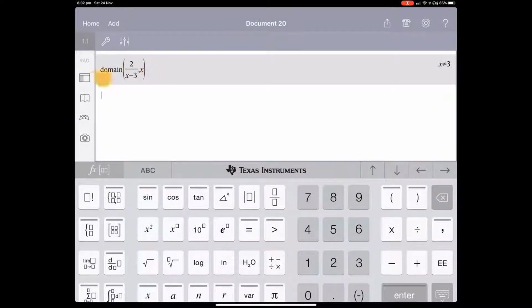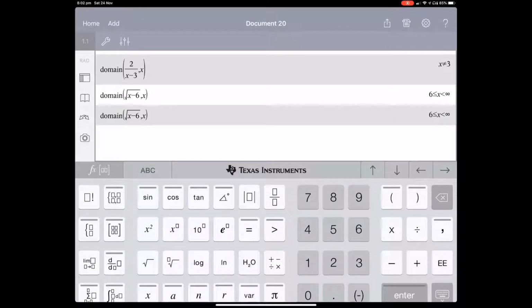Now if we did exactly the same thing here, if we grabbed all of this, copy, paste, and the next function was square root x minus 6. Hit enter. And that tells us that x is between 6 and infinity, and it can include 6.